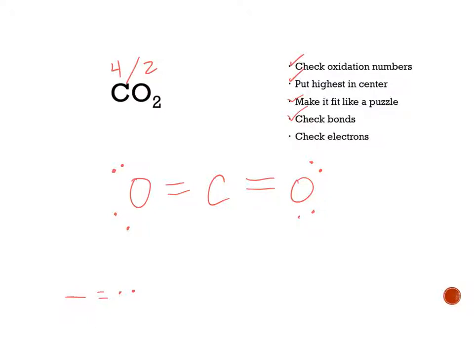All right. Questions, guys? So remember, biggest one goes in the middle. Oxidation numbers are so important here. Okay? Oxidation numbers are so important. All right, let's look at the next one.